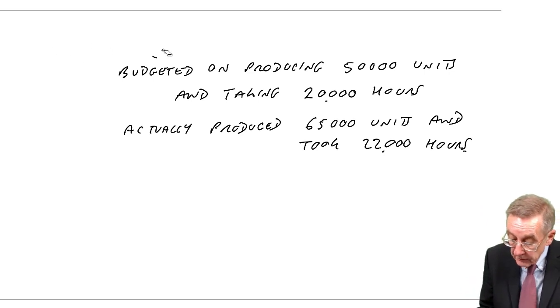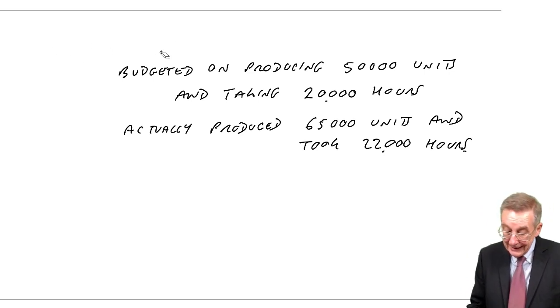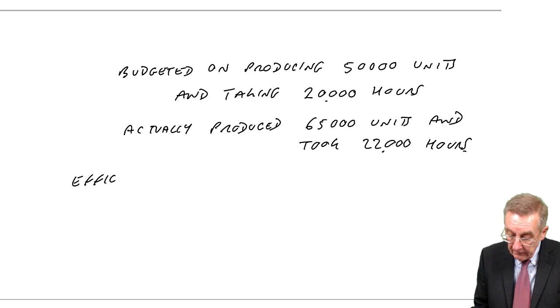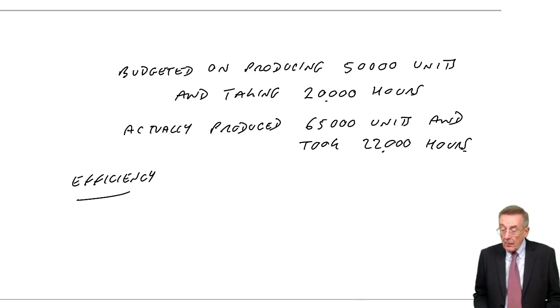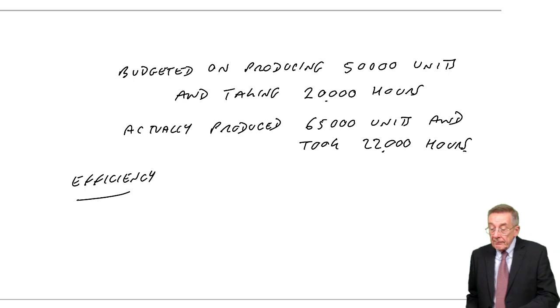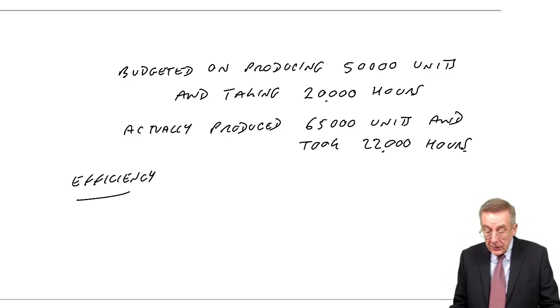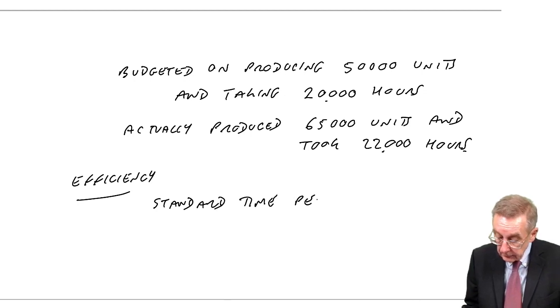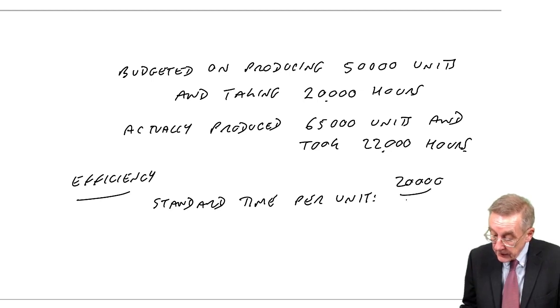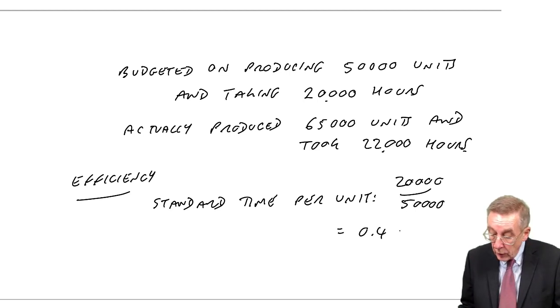Now we want to know, first of all, for efficiency, were they working faster or slower than we were expecting? Well, on the budget figure, 20,000 hours for 50,000 units, the standard or budgeted time per unit: if it's 20,000 hours to make 50,000 units, we should be taking 0.4 hours.